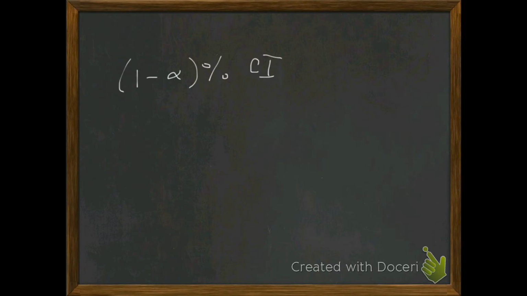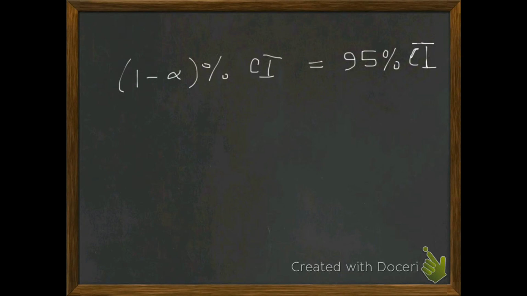So what we would do next is calculate a 1 minus alpha percent confidence interval. Alpha is almost always going to be 5% or 0.05. So guys, what we would do here is calculate a 95% confidence interval.